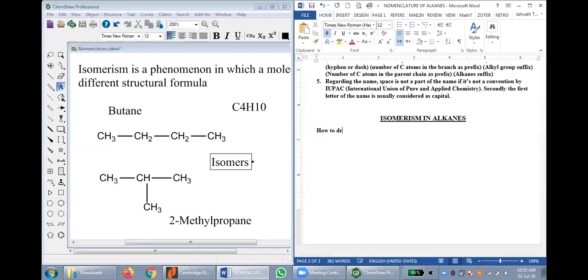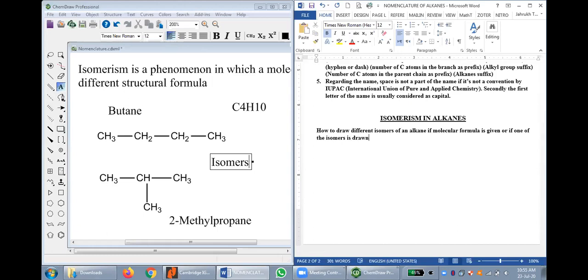To draw different isomers of an alkane if the molecular formula is given, or if one of the isomers is drawn.